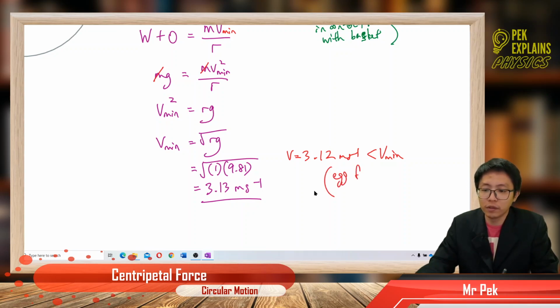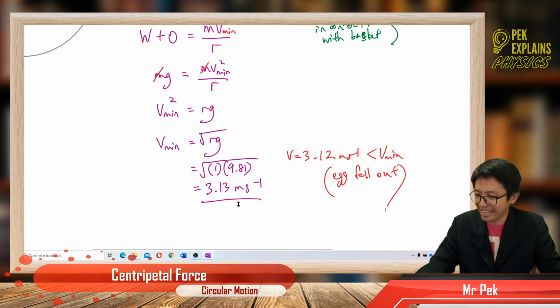If your speed is less than the minimum, your egg will fall out. So the velocity must be 3.13 and above.